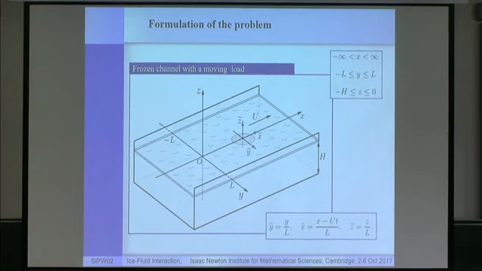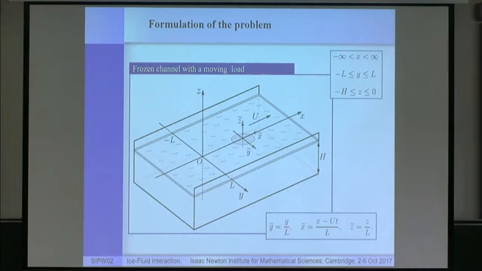And here you can see the coordinate system, and we will consider three problems. One of them is wave propagation along the channel. That is the sloshing and propagating wave, because the wave propagates along the x-axis, and we also have this kind of vibration across the channel, the sloshing vibration.